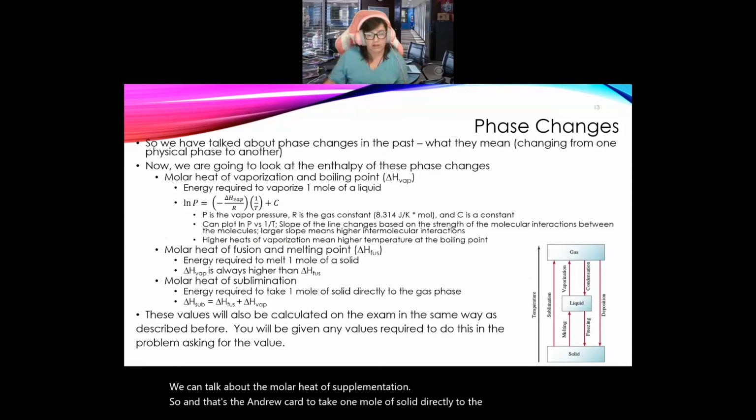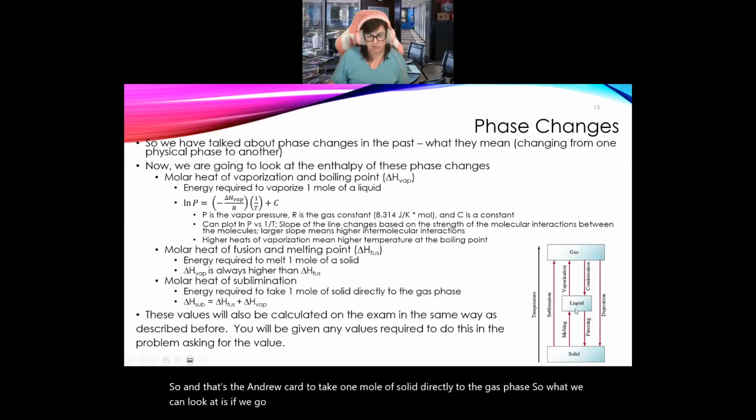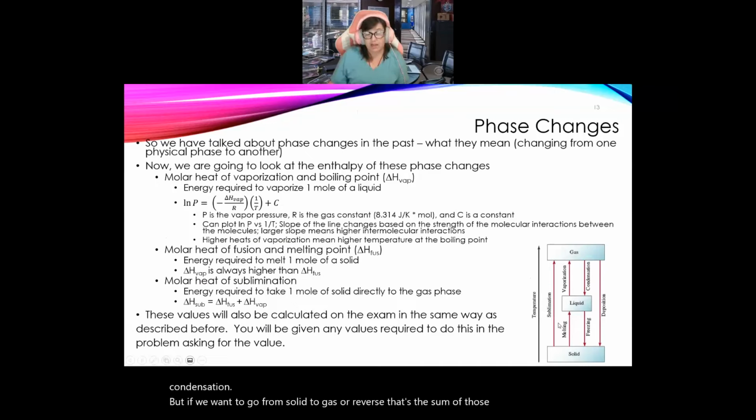So what we can look at is if we go from solid to liquid, that's melting, right? And so that has this particular energy right here. If we go from liquid to gas, that's vaporization or the reverse, condensation. But if we want to go from solid to gas or reverse, that's the sum of those two. That's all you're looking at there. And you may get asked about that.